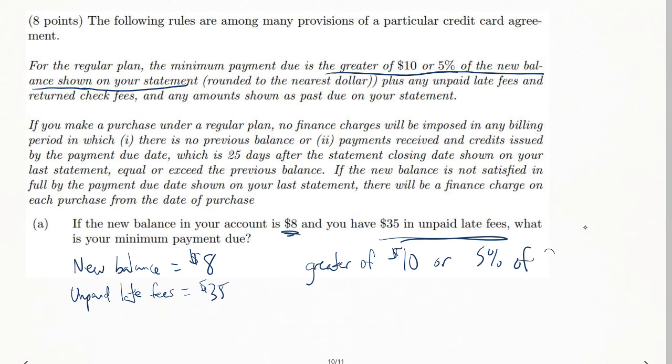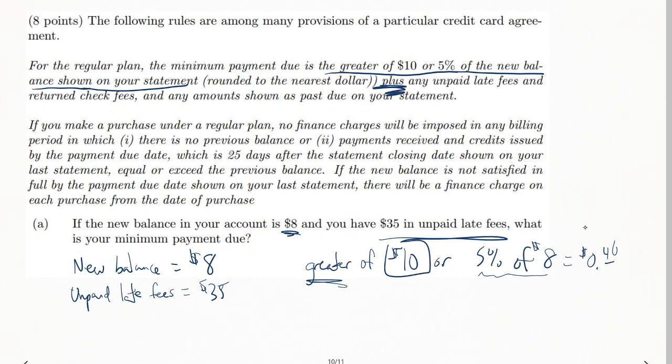Well, it's $8. It doesn't take much to check. If you do 5% of $8, notice you're already with the $8 underneath $10. But even if you want to check it, this part equals 40 cents, just to verify. But notice you want the greater, so our greater is $10, but that's not it.